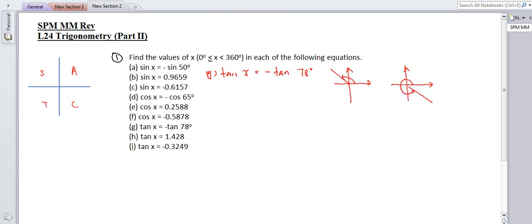Okay, so the 78 degree is actually over here. So x is actually equal to 180 minus 78 or 360 minus 78. Okay, so this one you just press the calculator. 180 minus 78, 102. 360 minus 78, 282.